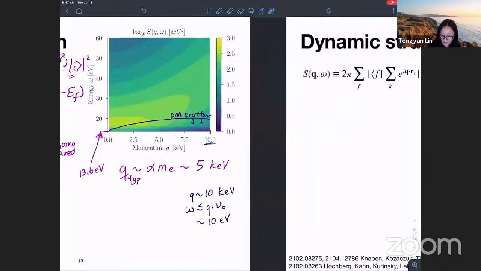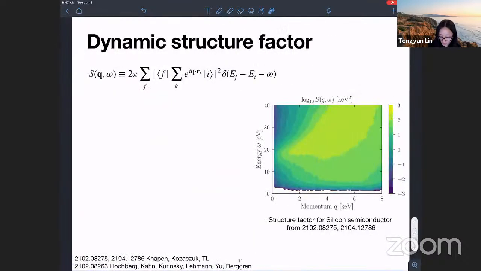Let me show you then the result for the silicon semiconductor. That's this plot, and it has quite a few features in common with the hydrogen atom one. You can explain a lot of it similarly. You can see that the typical momentum transfers, where we get the most weight, are similar, of order 5 keV, a little less.